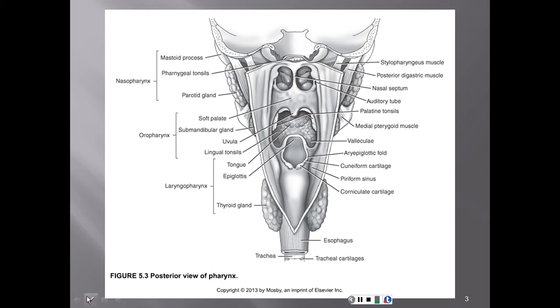Structures that stand out to us would include the valleculae as well as the piriform sinus. We hear about these two structures, especially during swallowing studies.